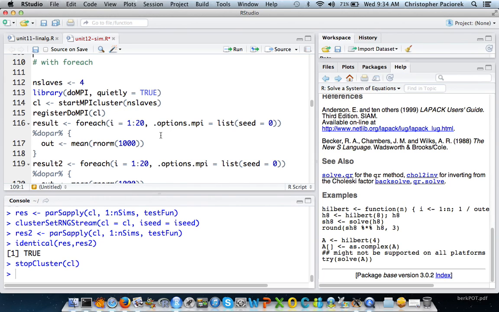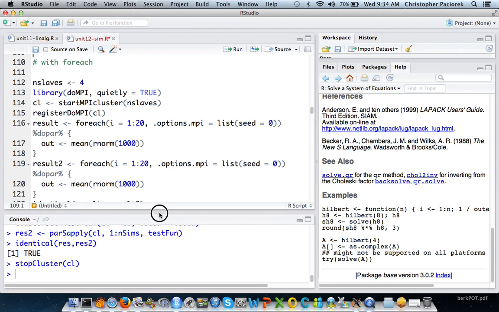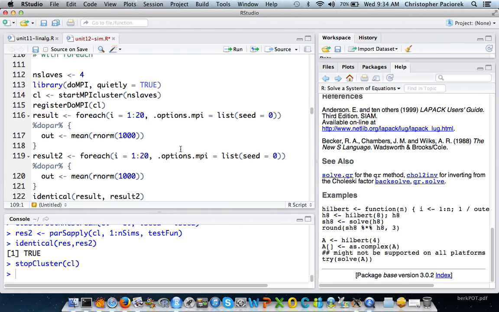There are some mechanisms in place where you can make sure that things are repeatable when you use foreach. It's a lot of details and nothing particularly interesting intellectually. It's just making sure that you keep track of things. So I'll leave that at that, but there is a lot of detail in the notes on that.